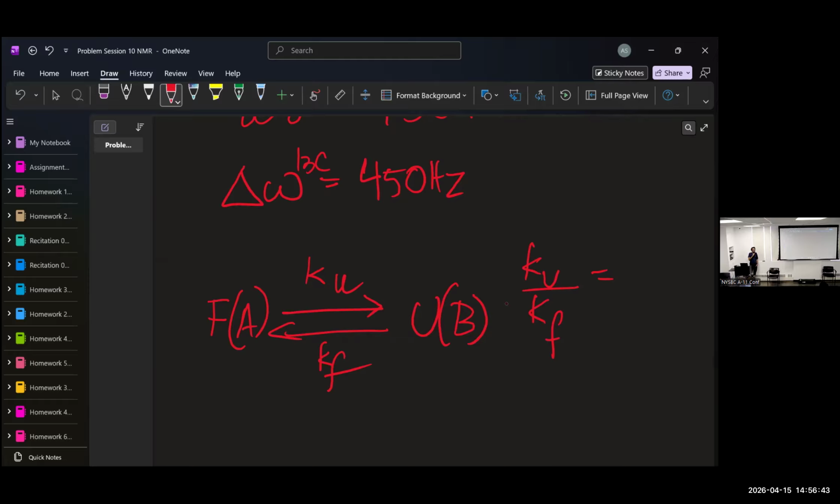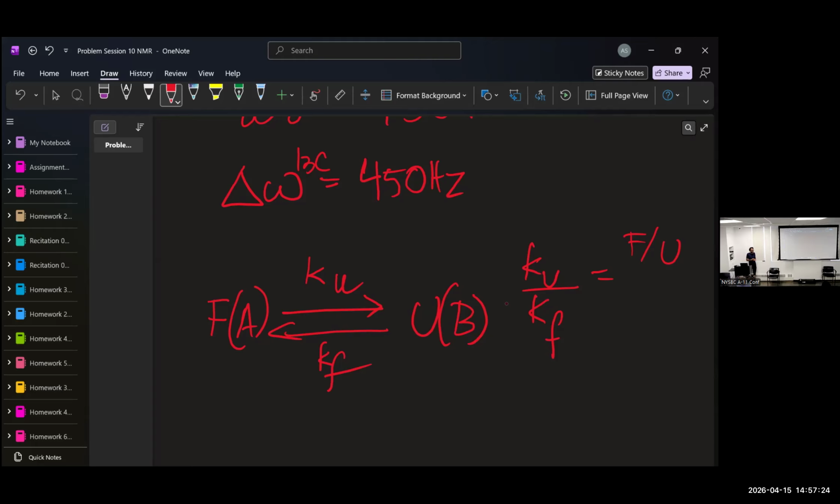This must satisfy what? Populations. Is it U over F or F over U?